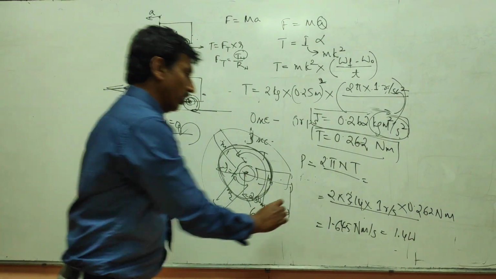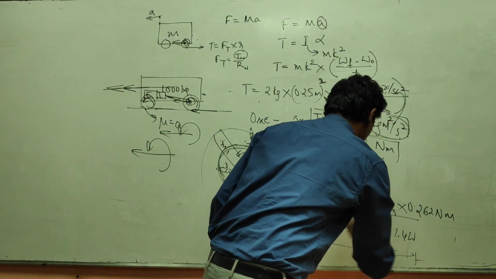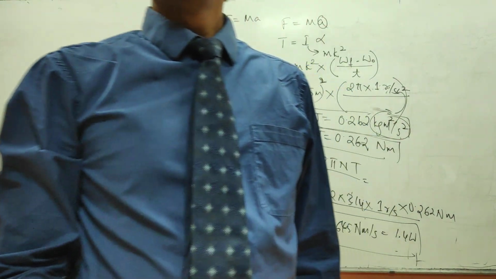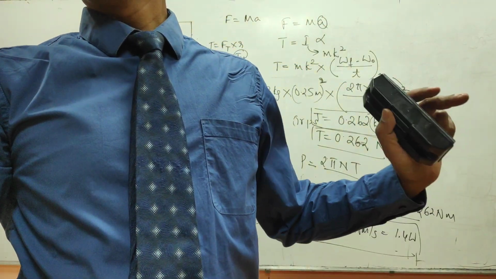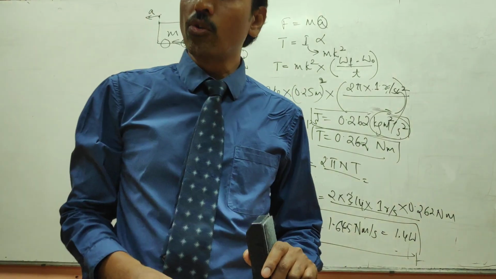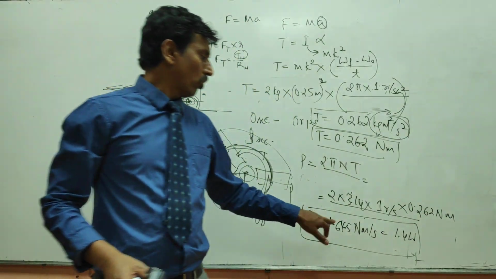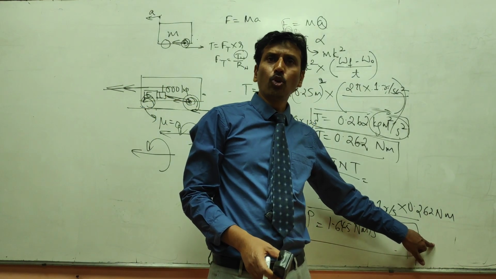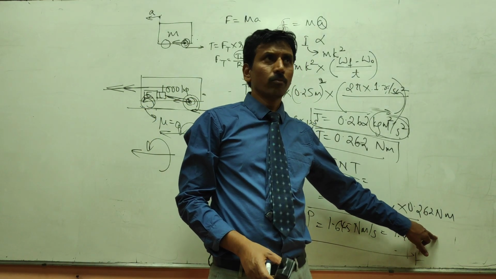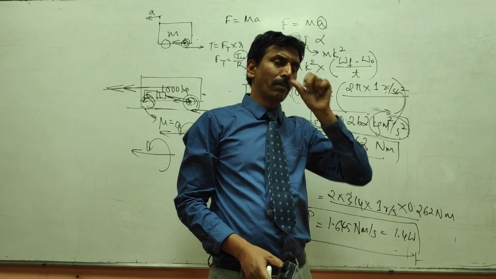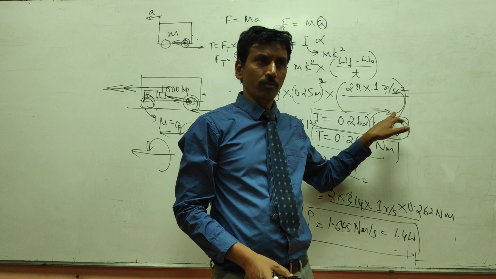Guys, this is the value, right? We got a really different answer. We expected it to be around 25 to 30, but we have got the power as 1.4 watts, which is a very low value. Maybe the seconds that we took were wrong.